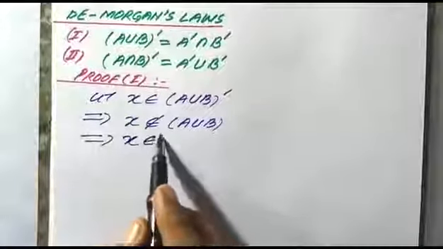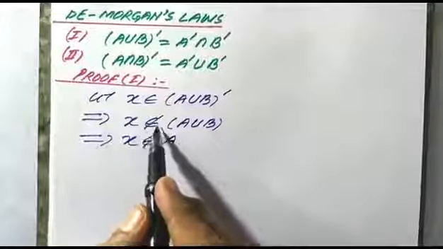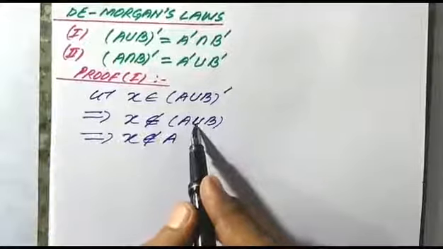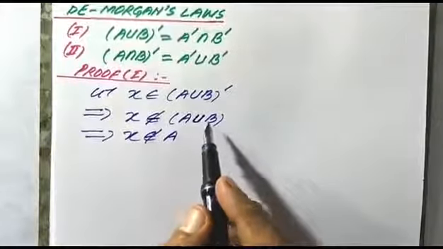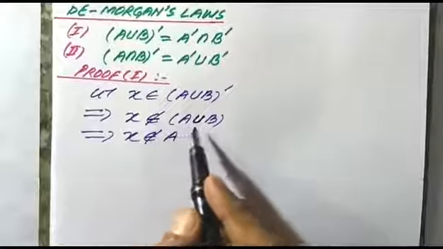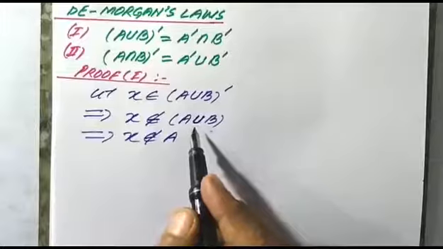X does not belong to A. For the symbol does not belong to, for the union operation we use the word and, and for the operation intersection we use the word or.